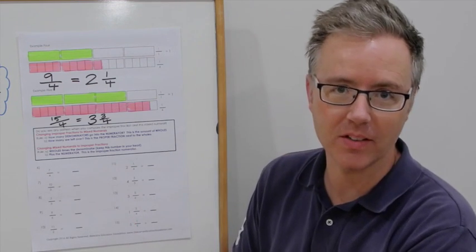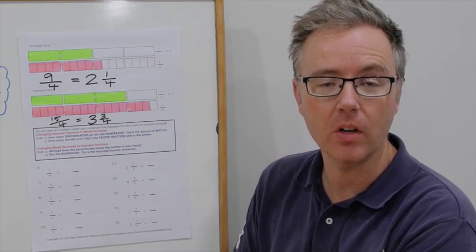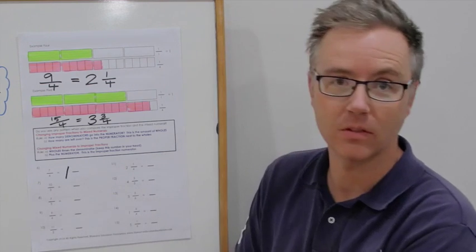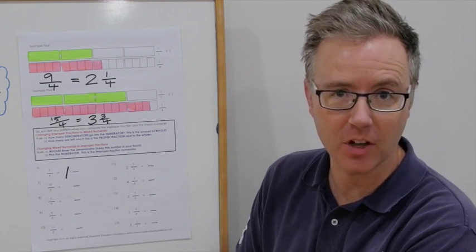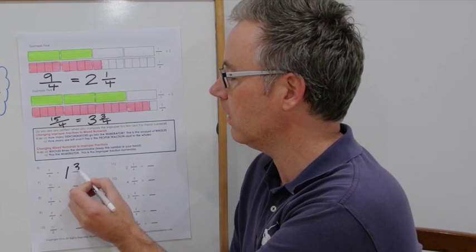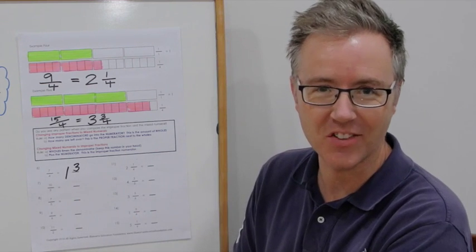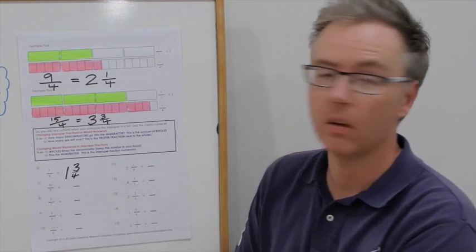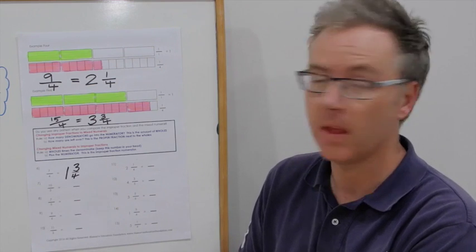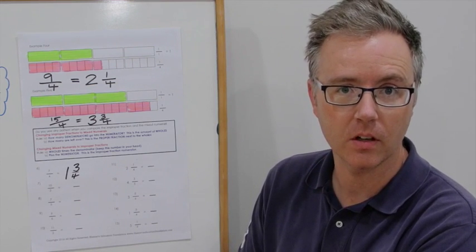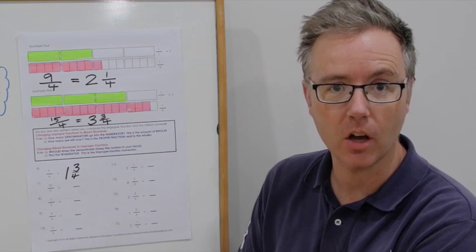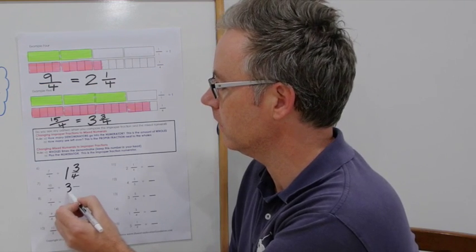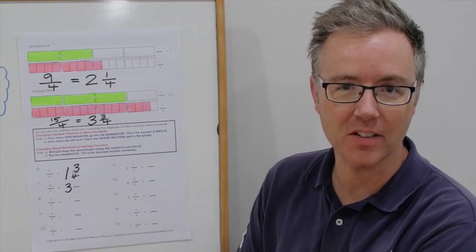So 7/4. How many 4s go into 7? 1. How many are left over? 3. And the denominator is the same, it's quarters. Example 7. 10/3. How many 3s go into 10? 3, because 3 3s are 9.